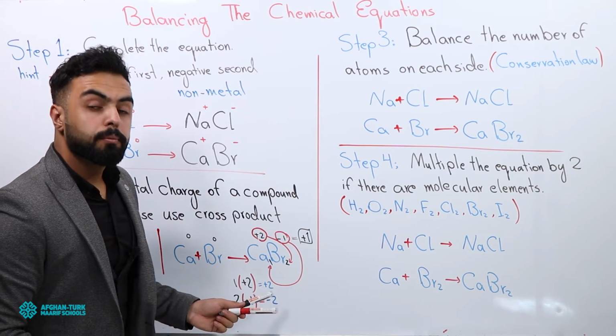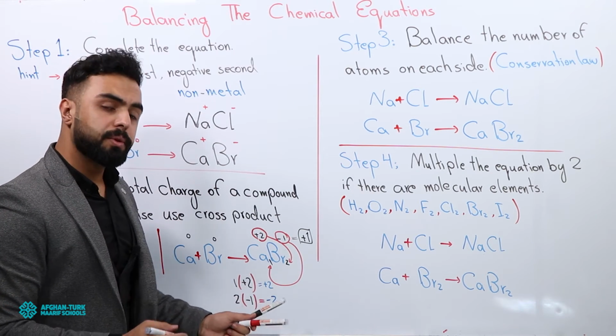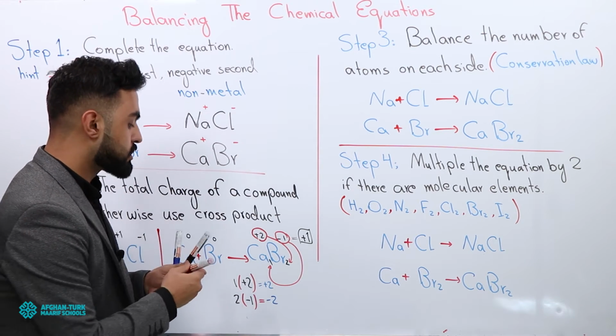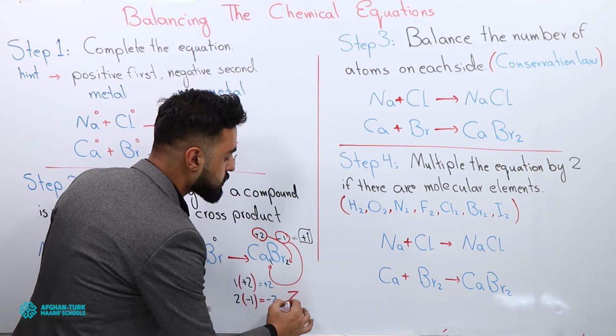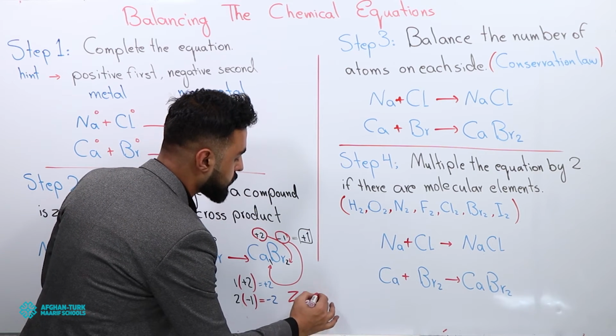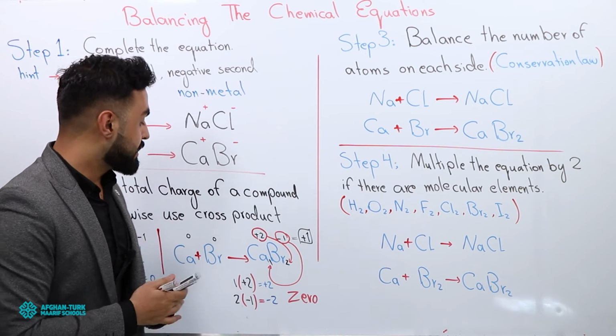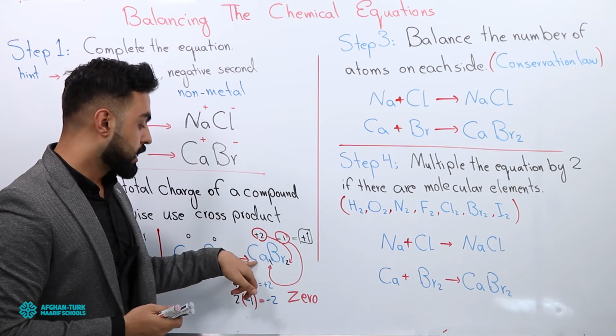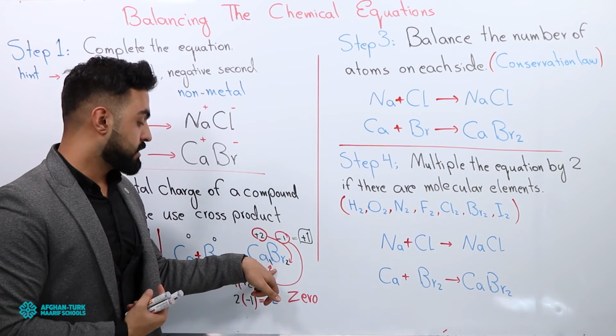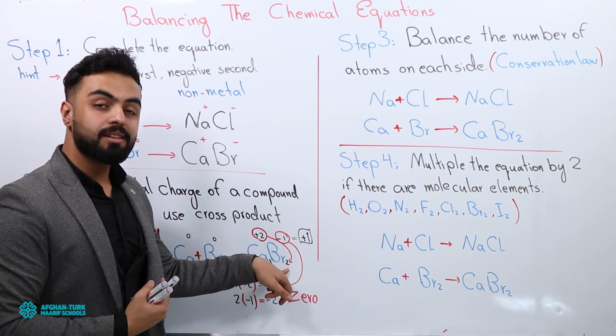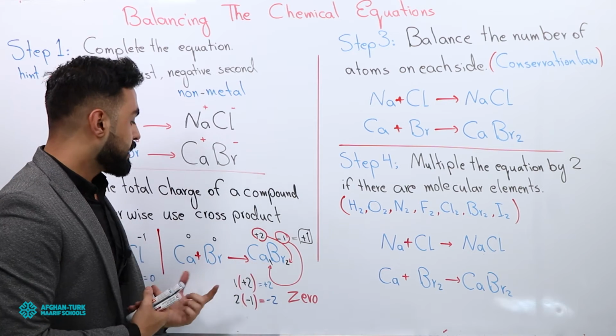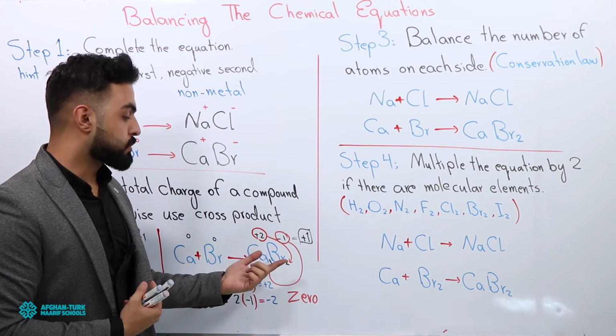So 2 positive charges and 2 negative charges, and the total charge now is 0. So now this compound is one calcium with 2 bromines. That's what we call cross product.